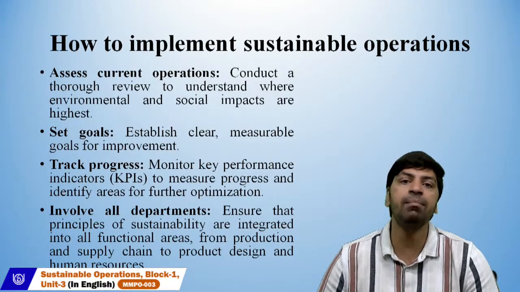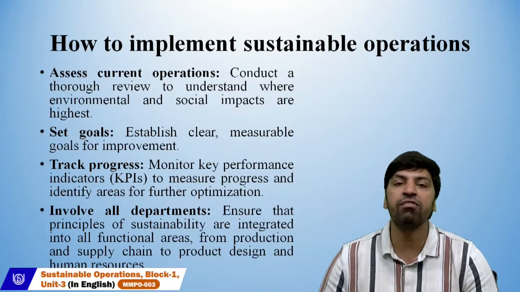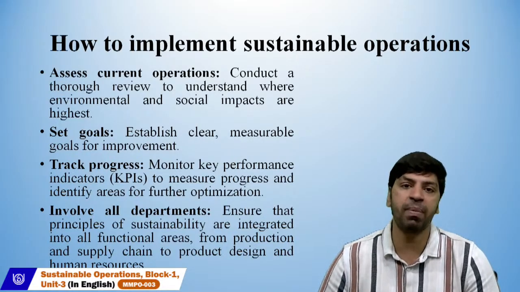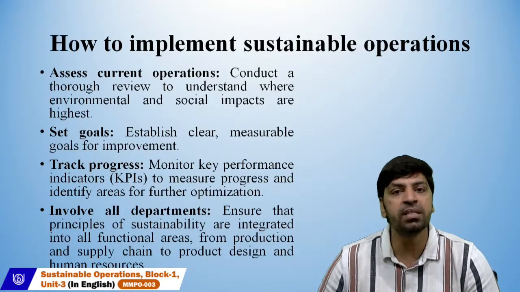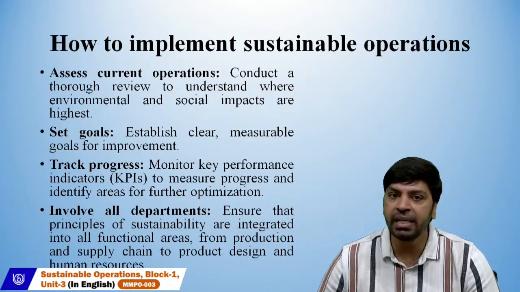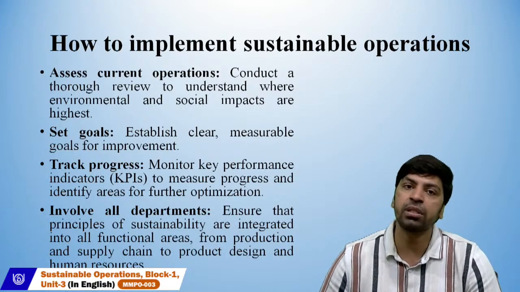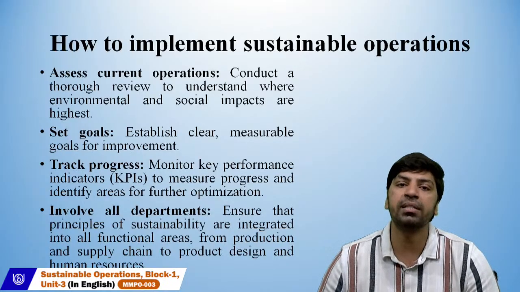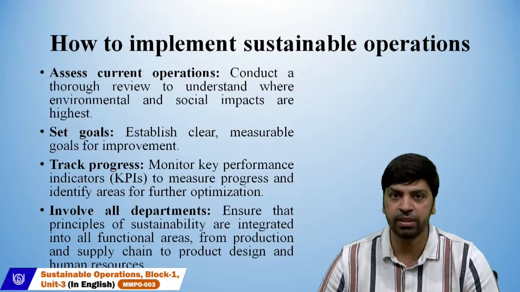Monitor the key performance indicators to measure progress and identify areas for further optimization. Involve all departments. It ensures that the principles of sustainability are integrated into all the functional areas, from production to supply chain, product design and human resources.